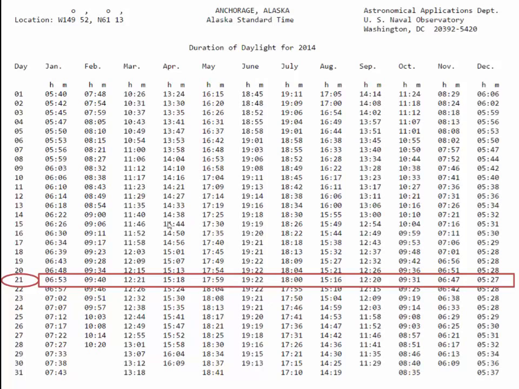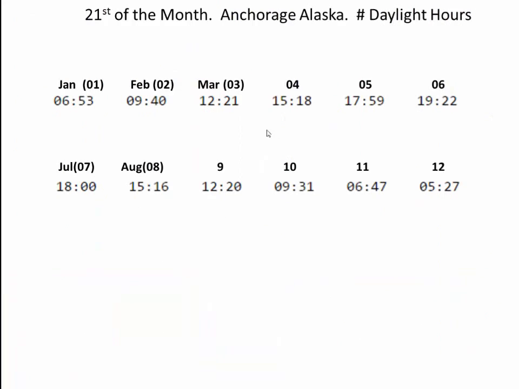We should be able to create a model for this using a sinusoidal graph that starts small, builds up, then goes small again. Taking this data, each of you should, on your graph paper, write these points of data as coordinates, 1, 6:53. But we don't want to use 6:53. Convert that to a decimal. That should be almost 7.